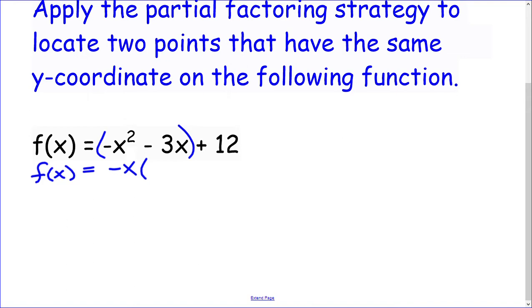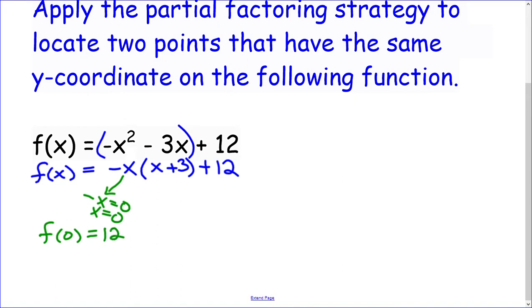So negative x comes out, I'll have x plus 3 left over, plus 12. This tells me that when I do this one, remember it's negative x is equal to 0, so x is equal to 0, and then if I plug 0 into my function, I'm just going to get 12 as a result, because this whole factored term is going to cancel out.